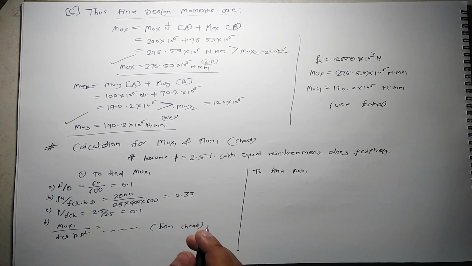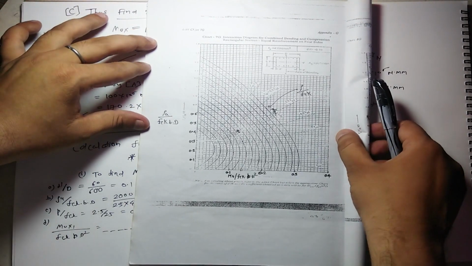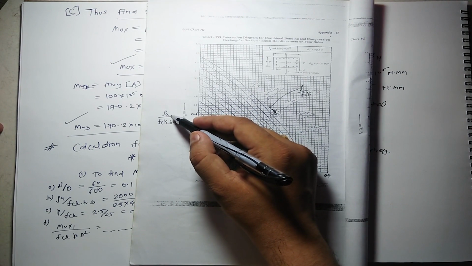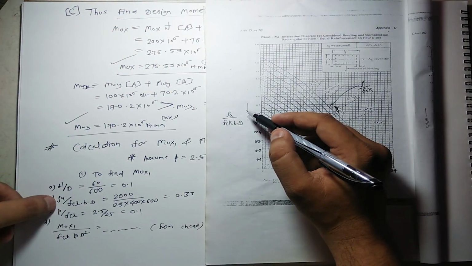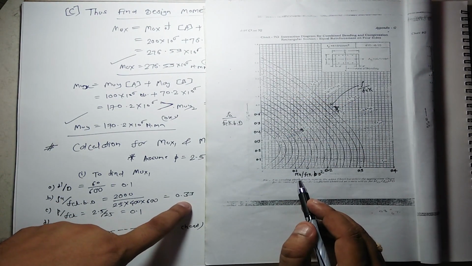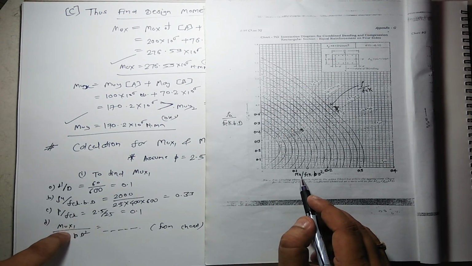So we'll see the exact value, how to pick from the chart. I'll explain one example. I'm searching for the interaction curve. Okay, so this is the interaction curve. You can see the y-axis is for Pu upon fck bD, where we have Pu upon fck bD as 0.33. Then we need to calculate Mu upon fck bD square.